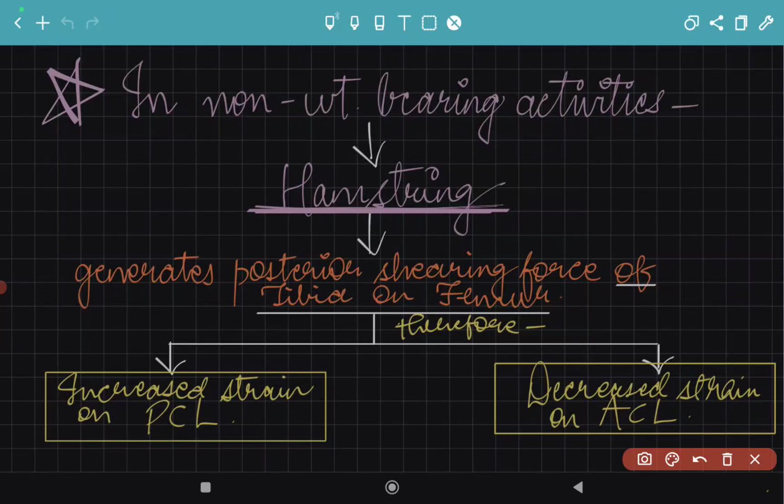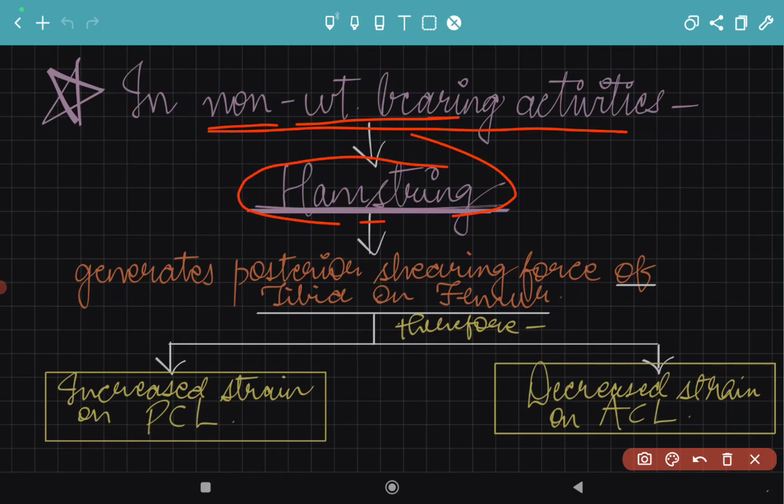Another thing to remember is that in non-weight bearing activities, when the foot is not on the floor, the hamstring will generate posterior shear force of tibia on femur. During knee flexion, we can see that this is hamstring and here we have tibia.